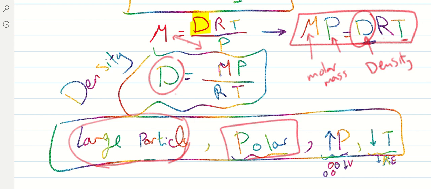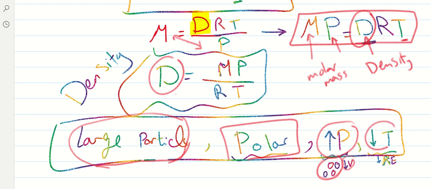Polar gases. If there are polar gases, there will be a kind of force of attraction between molecules, right? So this is against the ideal gas. In high pressure, the particles will be closer to each other. And we said that the volume will decrease, meaning the particles will be closer to each other, which is also against the ideal gas.